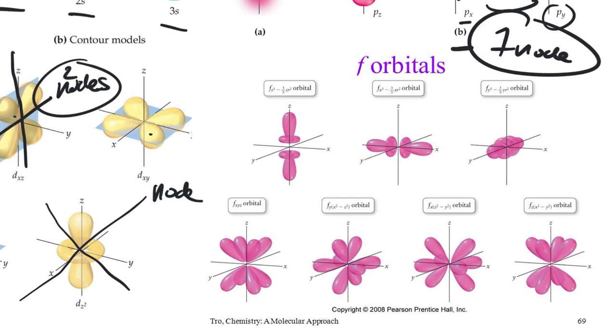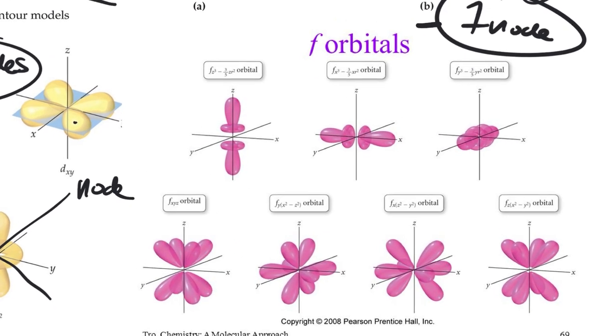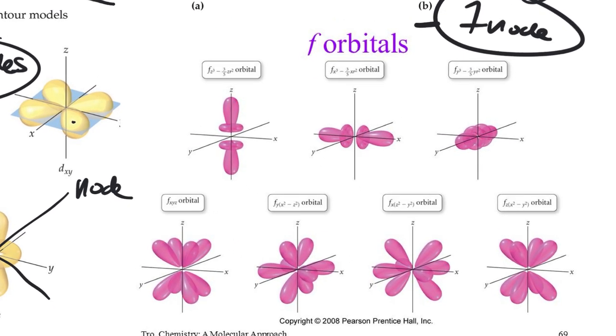Now these shapes here, I had to go find in a different source. These aren't from our textbook. I really don't know why our textbook doesn't put the f orbitals into it, but maybe it's because they're kind of complicated. You can see a lot of them look like you would probably expect, 3 sets of lobes. So you get 3 sets of lobes for most of the f orbitals, and you end up with these even stranger combinations of like double donut rings.